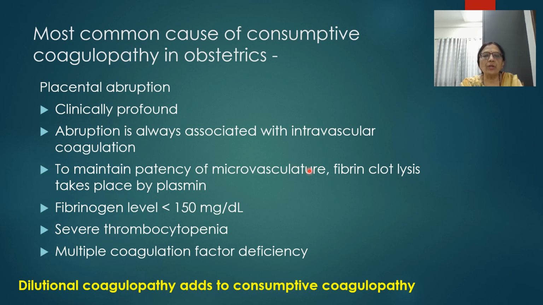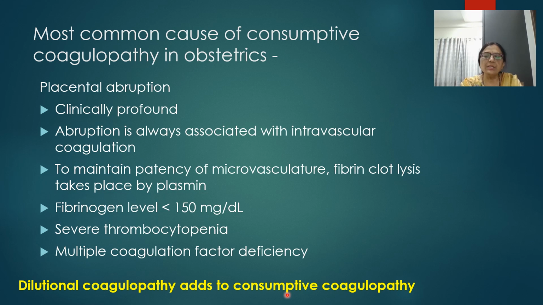That intravascular coagulation is consuming the coagulation factors, consuming the platelets. And why do we call it disseminated? Because it is widespread all over the body. Dilutional coagulopathy adds to consumptive coagulopathy. Now, whenever we treat the patient, sometimes we give only packed red cells and not fresh frozen plasma as a supplement for coagulation factors, or platelets for thrombocytopenia.